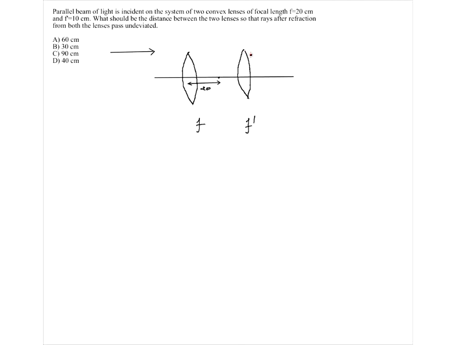So what should be the answer? Option D. Any questions? Let me know.